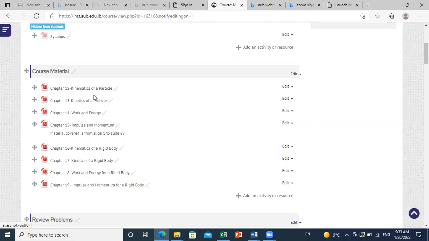So let us talk first, what is the difference between a particle and a rigid body? In general, whenever I say I can treat a body as a particle, this means that I can neglect its dimensions. So if I can treat it as a point, then it's a particle.